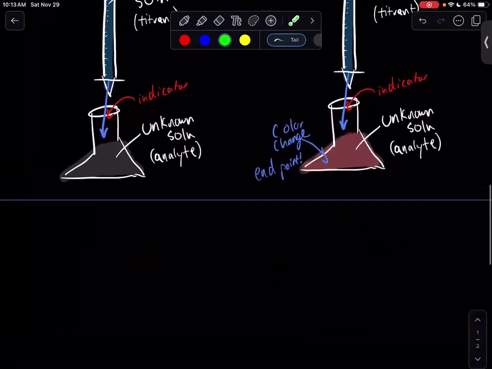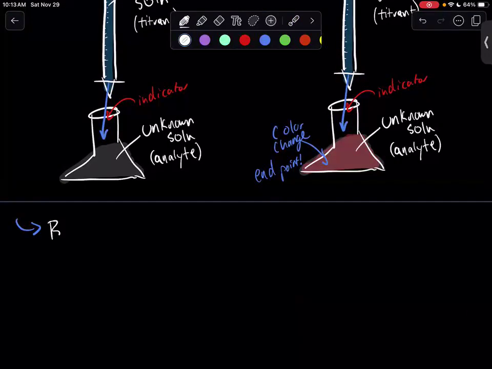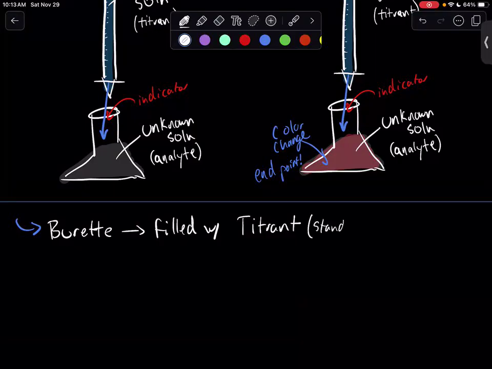With that said, let's go ahead and write out some of the key aspects of this. Our burette is filled with titrant. That is going to be our standard solution.